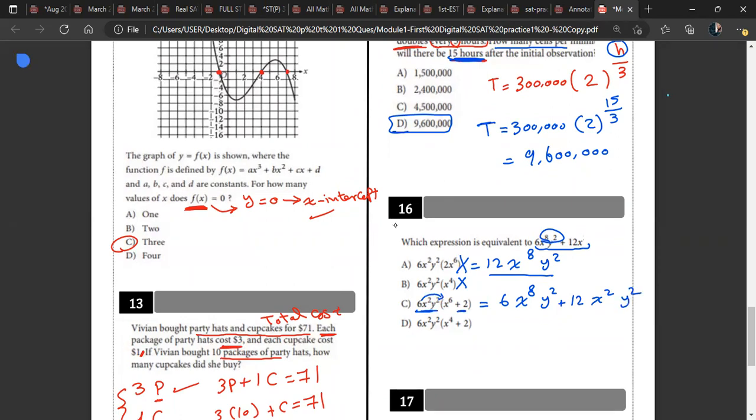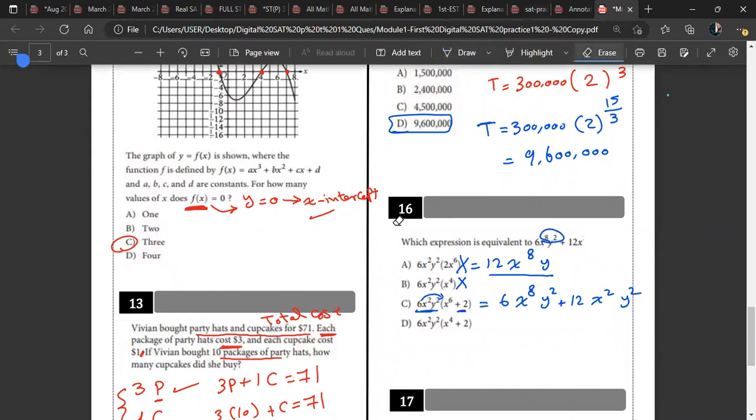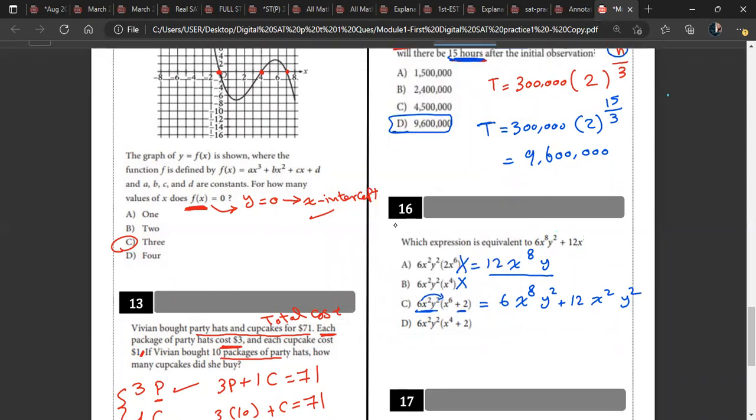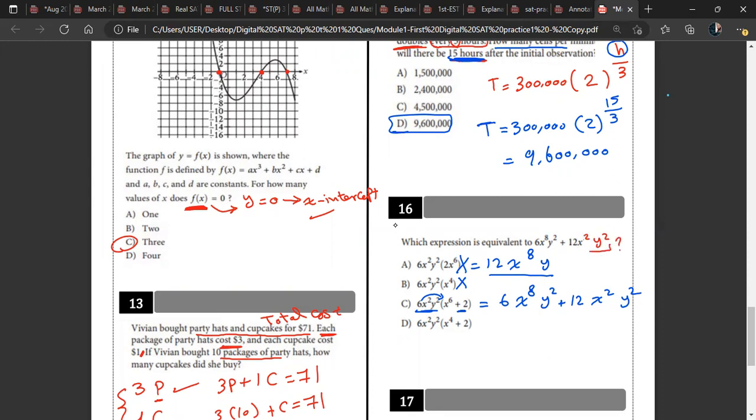Here in this part, I think from the editing of the file, we have a problem. This question here is not only 12x. So I think this is from the editing, and it will be 12x squared y squared. This is the expression, but this is a mistake from editing the file. So here we have 6x^8 y^2 + 12x^2 y^2.